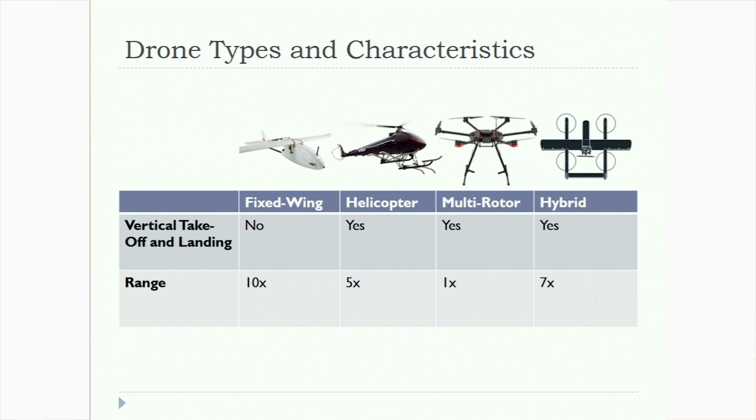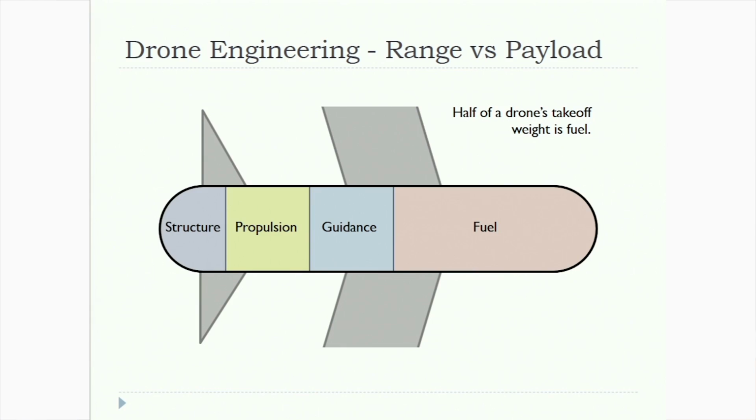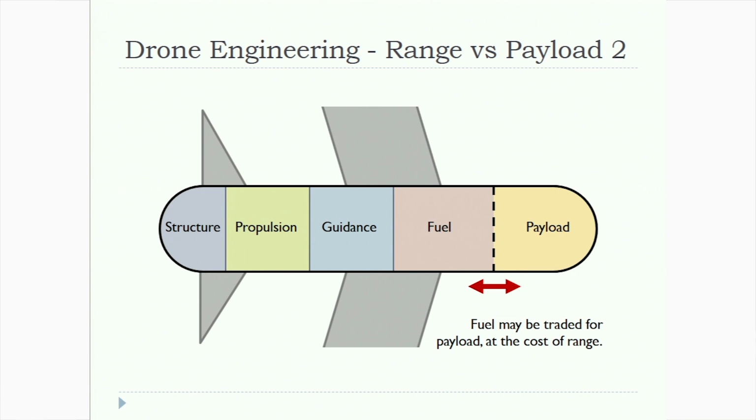And a hybrid, shown on the right, has aspects of both. Last bit here, the fuel is about half of the drone's takeoff weight. If you want to use the drone to carry a payload, which is what we want to do, to carry medical samples, then it's always a trade-off. The more payload you put on, the less distance you can travel for a given takeoff weight.